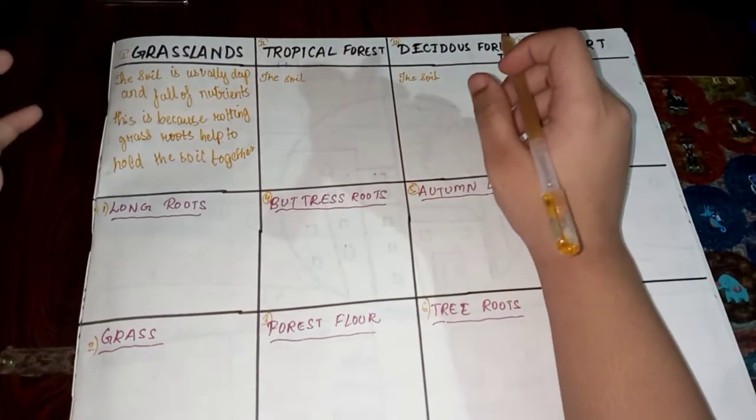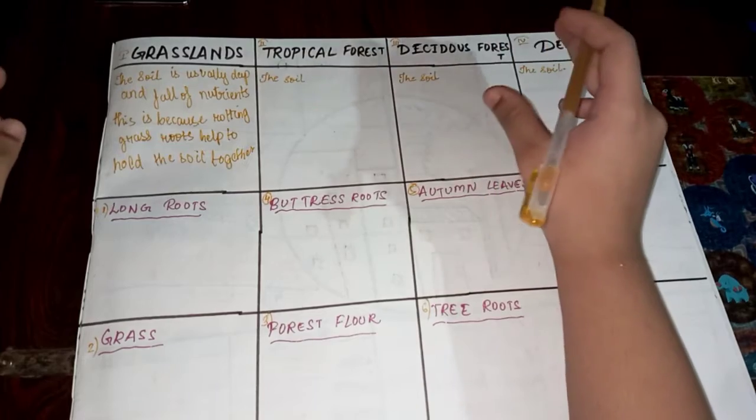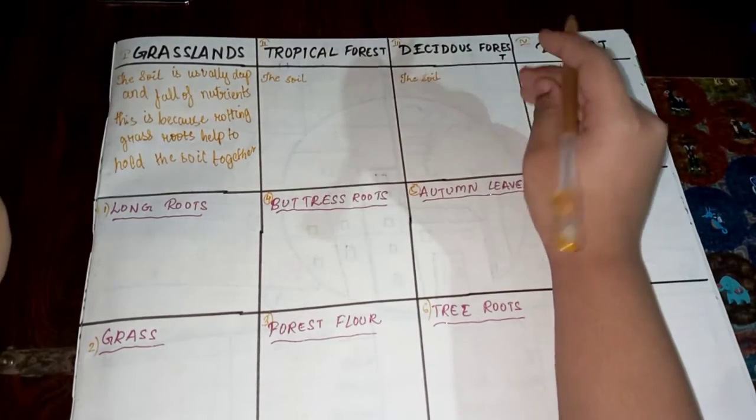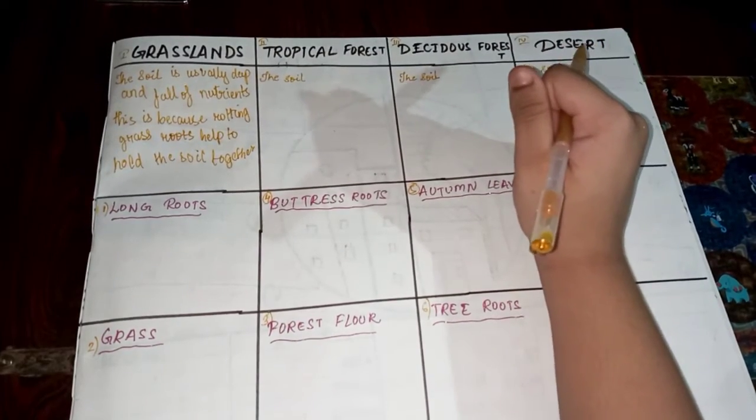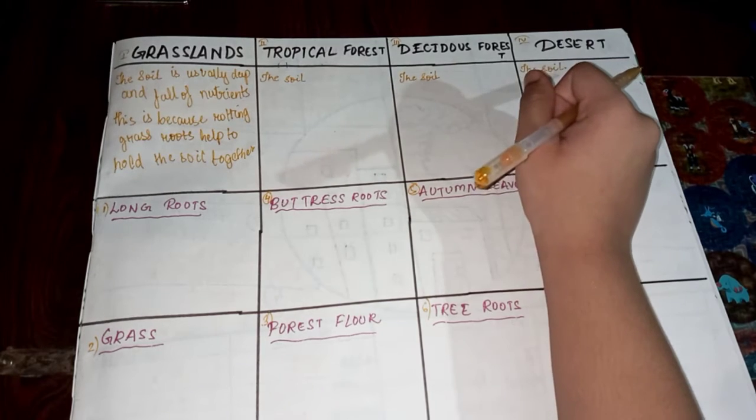So by rooting, the grass roots help the grasslands hold the soil together. That's a specialty of grasslands.